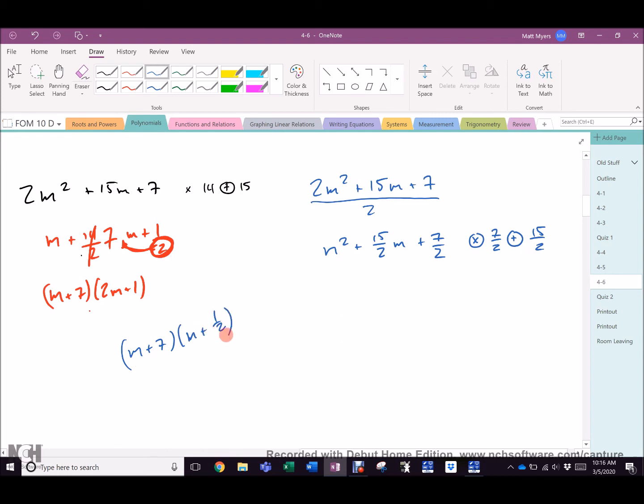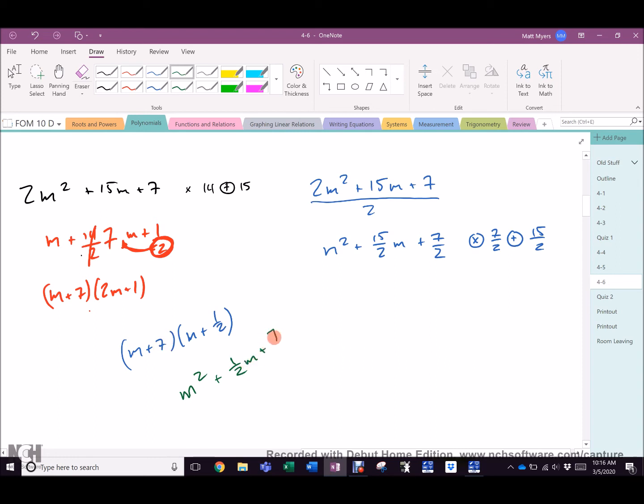All right, now, right here, notice I had m plus 7 and m plus 1 half, right? Everyone agrees? What's m times m? M squared. What's m times a half? M times a half. What's 6 times a half? So what's m times a half? Half of m.